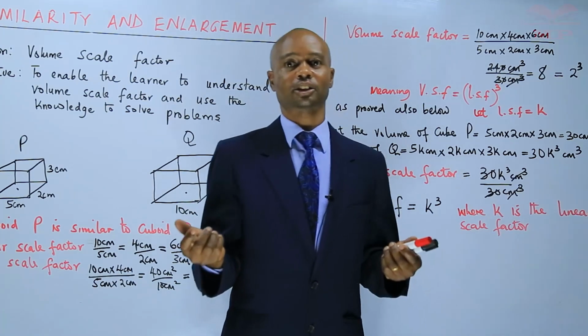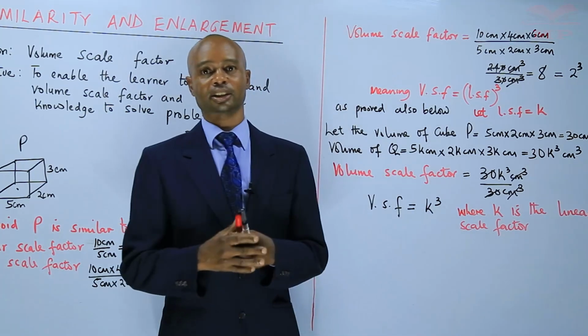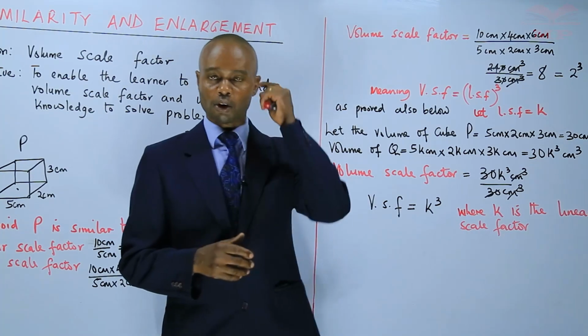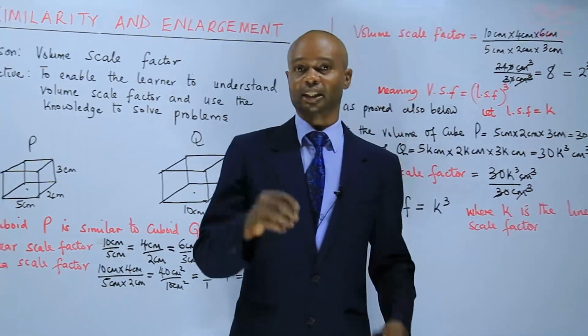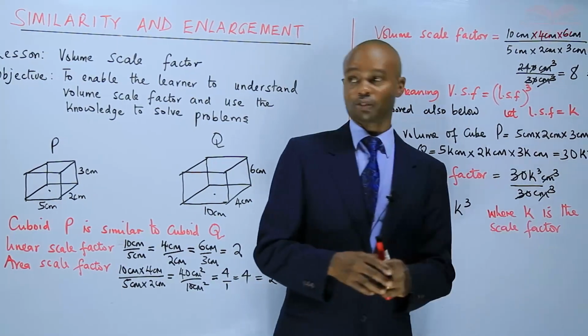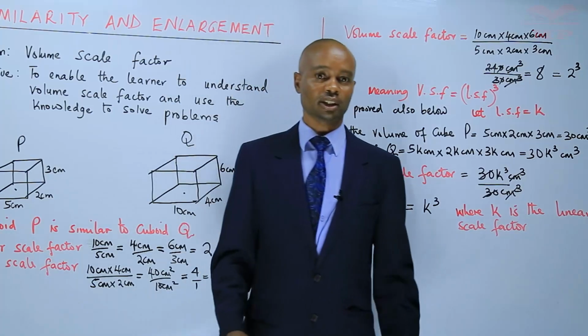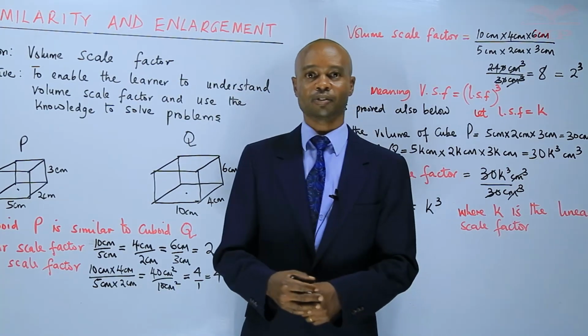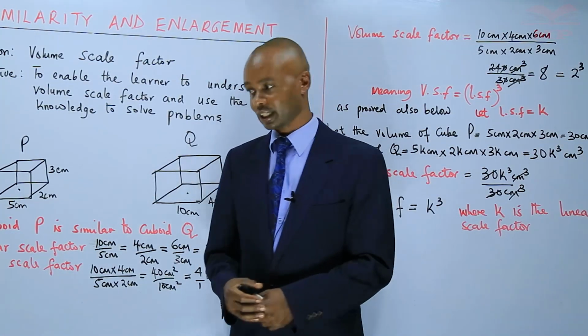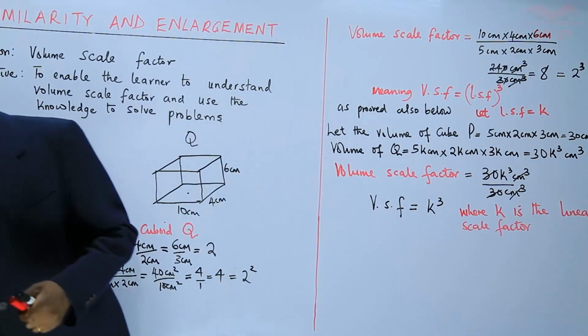With that relationship, it is easy to calculate the volume of the second cube having been given the linear scale factor only, because you cube it and you know the volume scale factor.